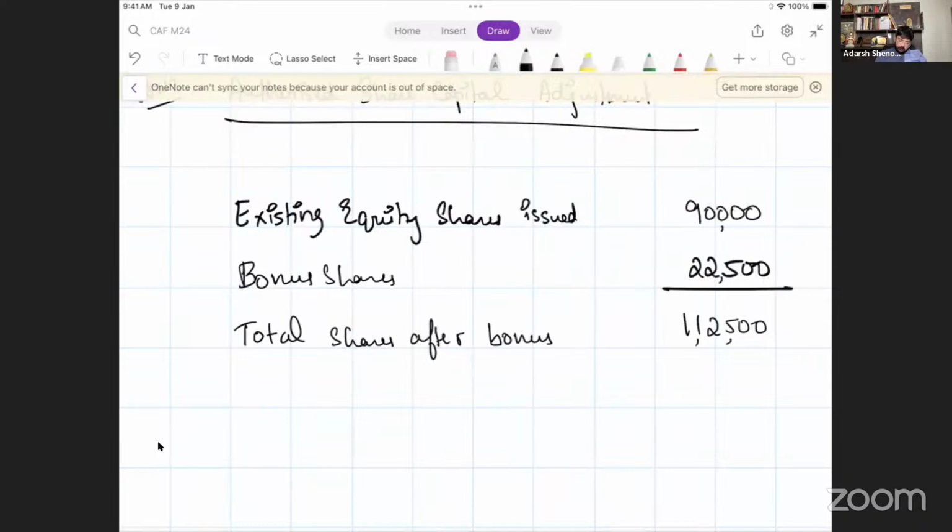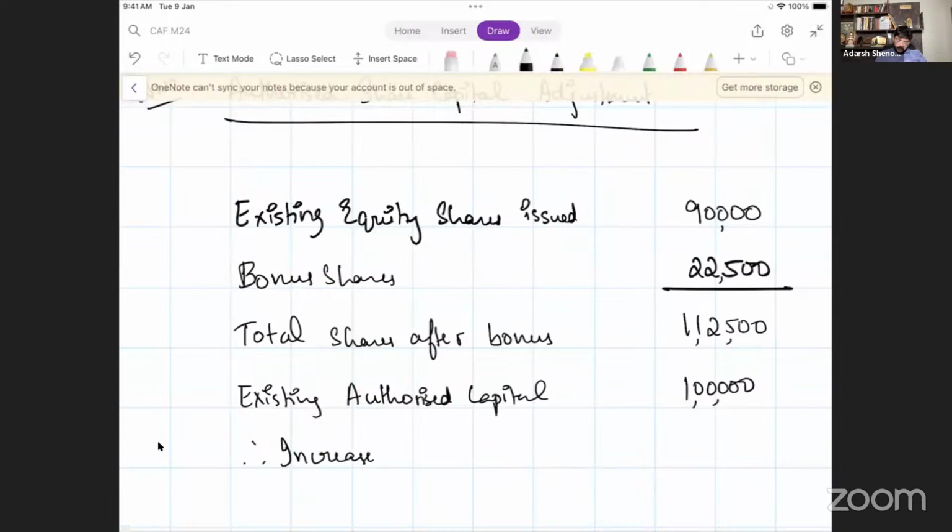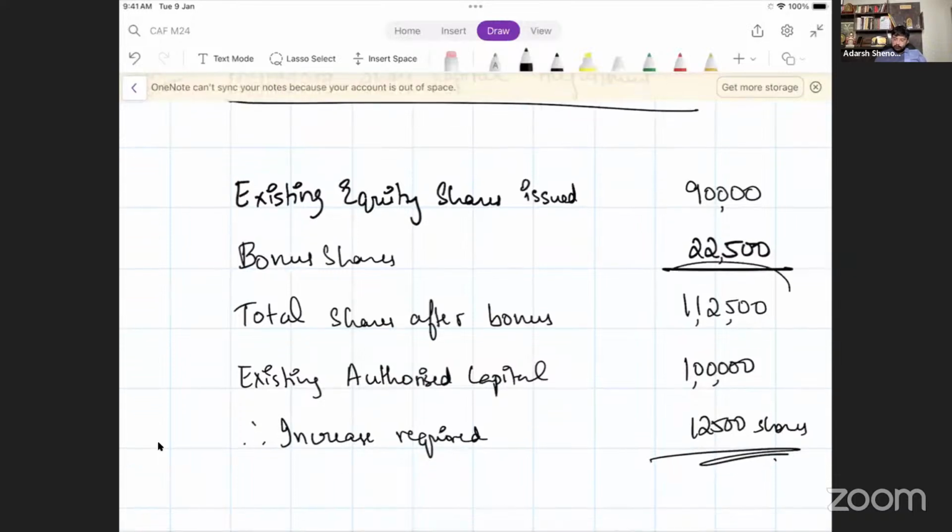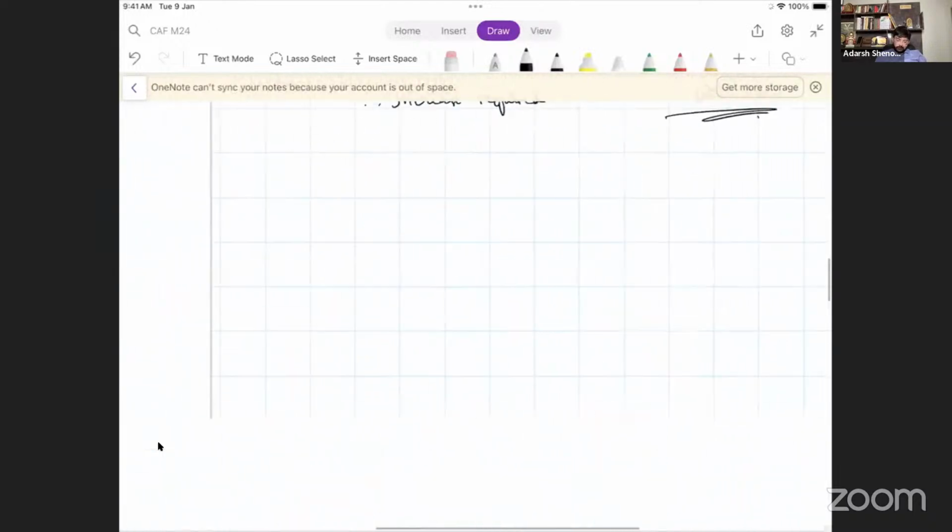Existing authorized capital in equity shares is 1 lakh. Therefore, increase required is 12,500 shares. We need this number. The new authorized capital will be 1,12,500 shares.